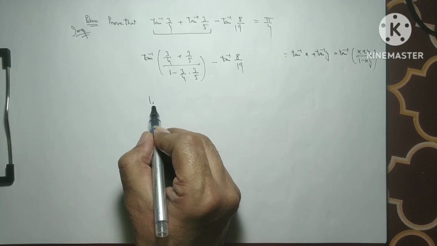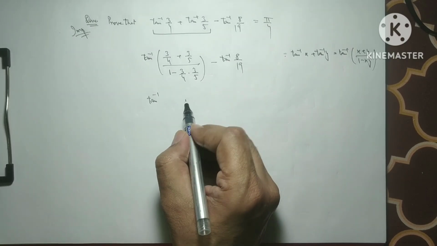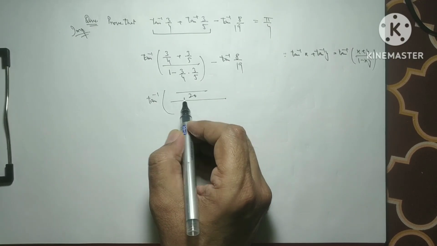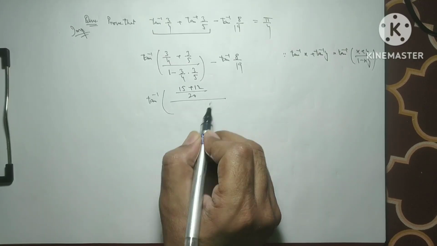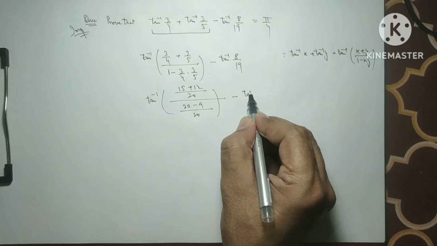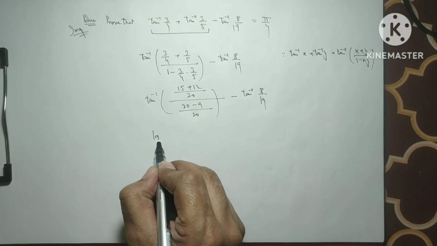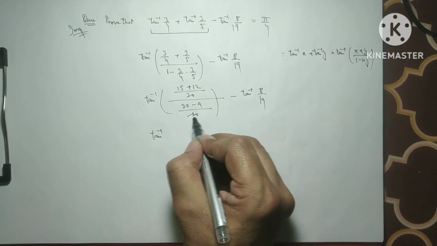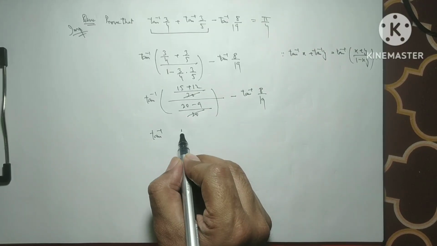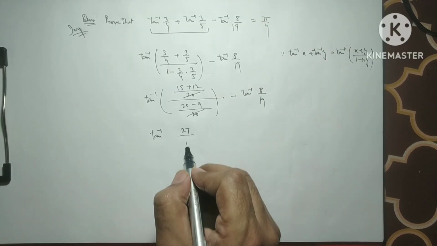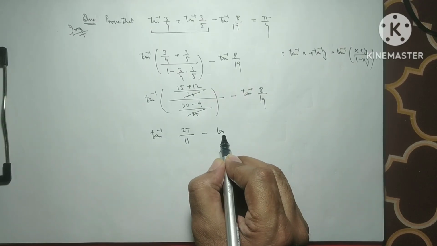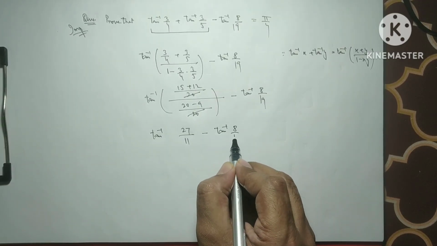So right now we solve this. LCM is 20. So right now on simplifying this, 20 cancels out, this becomes 27 over 11, and this is tan inverse 8 by 19.